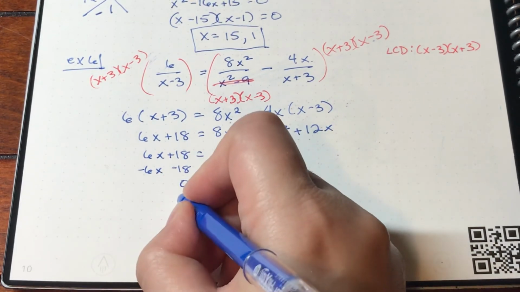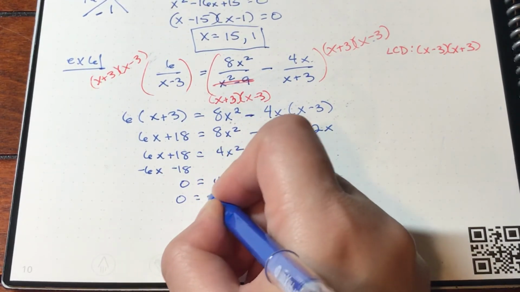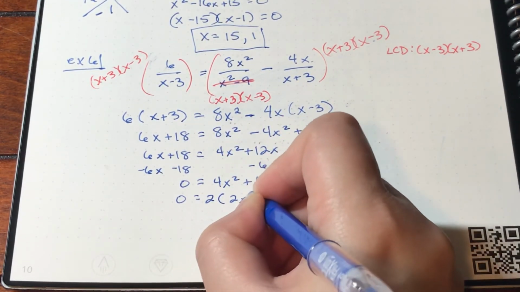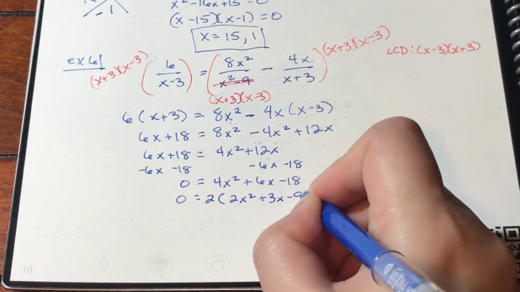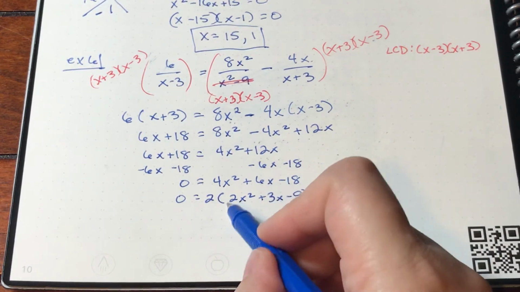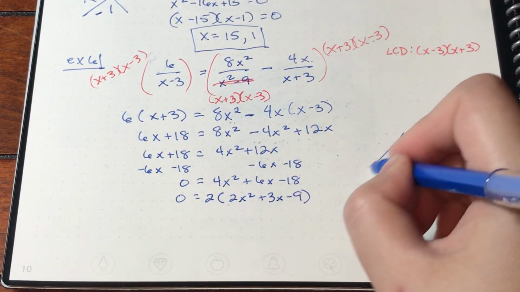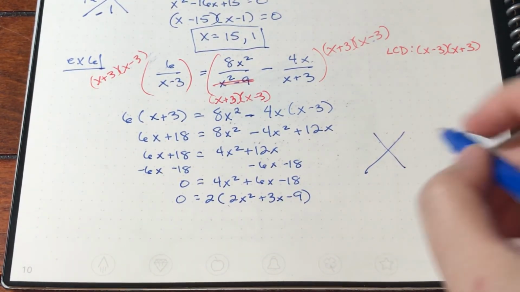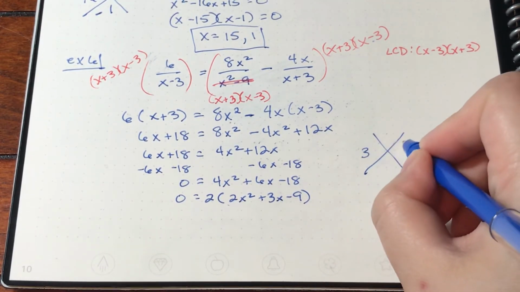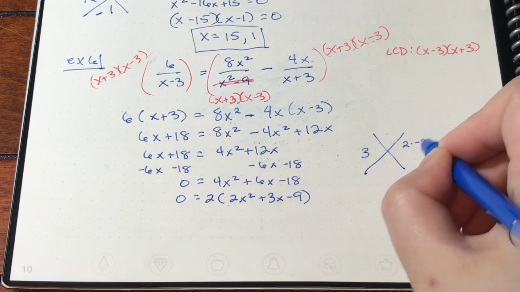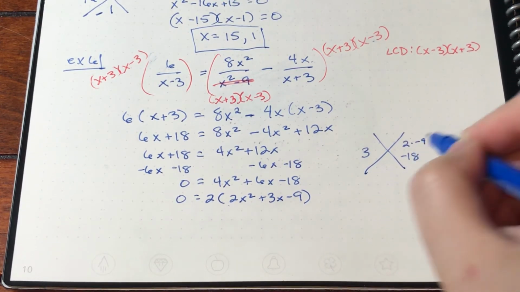So I'm going to factor out a 2 first. And I also notice I have an a value. So when I do my diamond, I need to do the other way. So I have 3 here, and I have 2 times negative 9, which is negative 18 here.